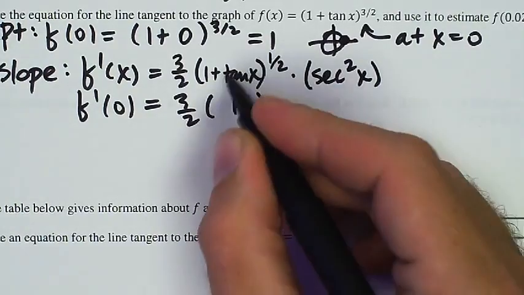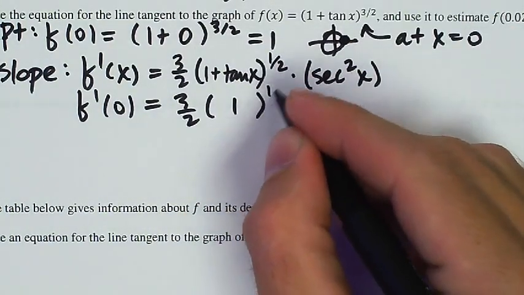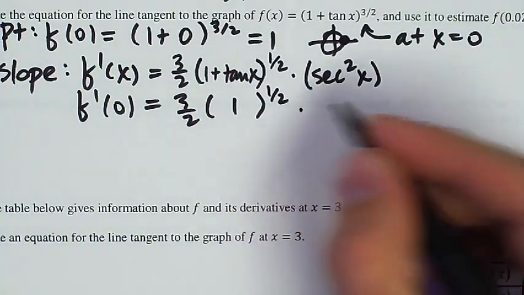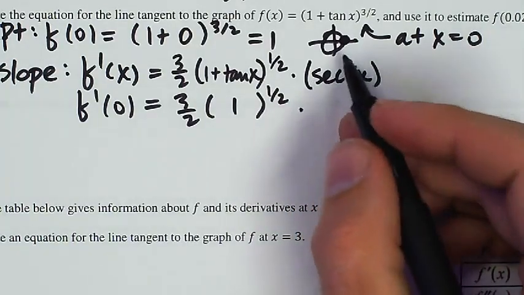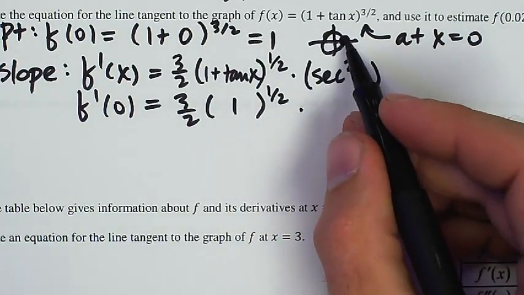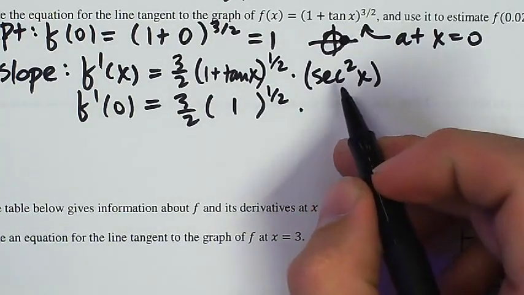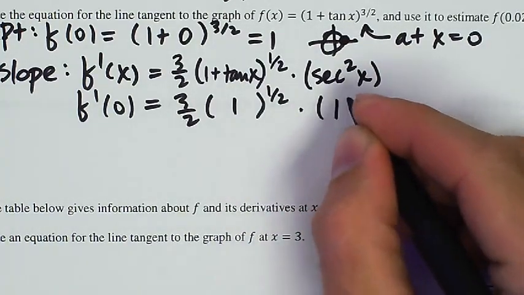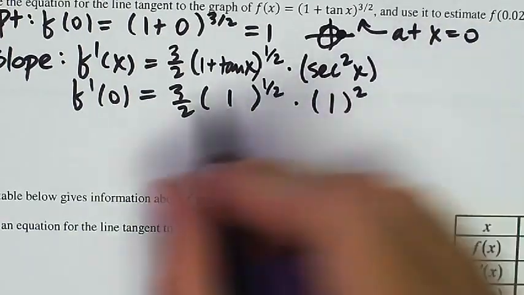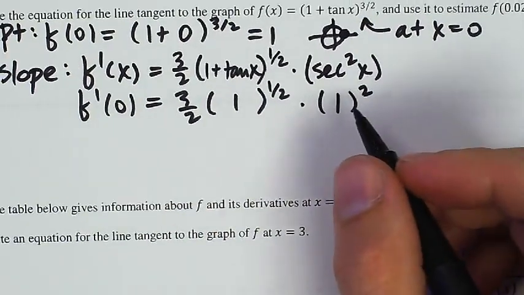We already know that the thing in parentheses is going to end up being 1, and any power of 1 is just 1. And secant squared x, okay, well, cosine of 0 is equal to 1, because the x-coordinate's 1 over here. And secant is 1 over cosine, so it's 1 over 1, so this is going to be 1 squared. Okay. So it looks like this is 3/2. Right?